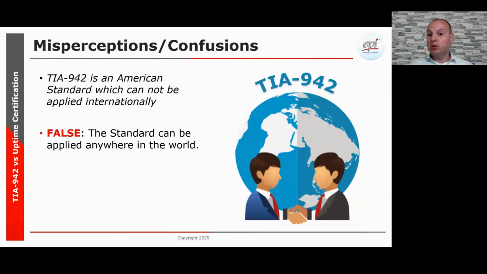It stated which voltage must be used, but all of this is cleared from the standard. And with the TIA-942-C, it is completely written for a global purpose. Now, if you go to the EPI website, you can see a list of every data center worldwide that has adopted the TIA-942 standard.